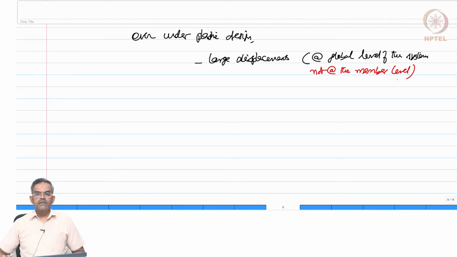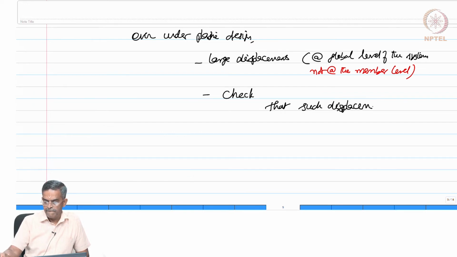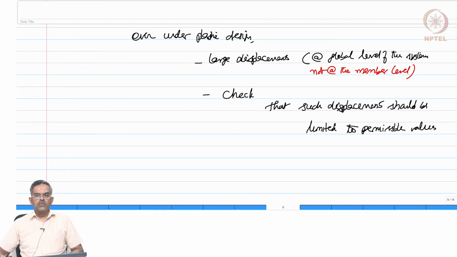Even though the system is permitted to undergo large displacements, however, there should be a check that such displacements should be limited to permissible values. As usual, being a designer, you could have guessed by this time who would be recommending these permissible values. The permissible values generally come from the codal guidelines.